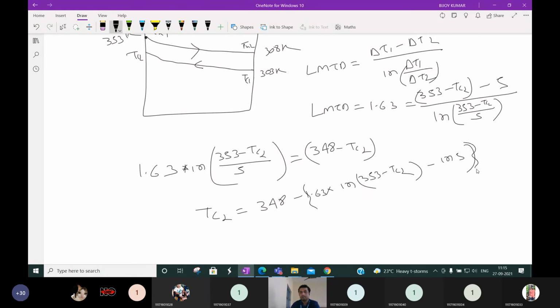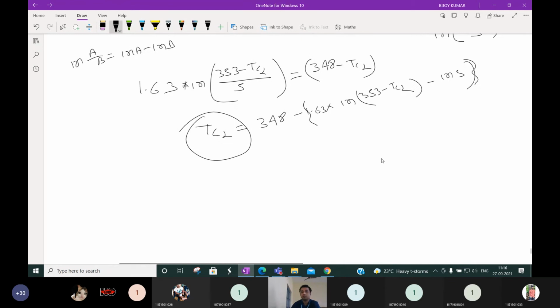Yes or no? ln of A by B we can write as ln of A minus ln of B. So this ln value we know. The only unknown is TC2. So how to find this TC2 value?